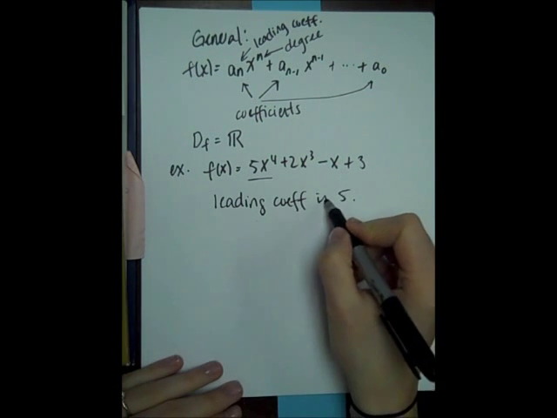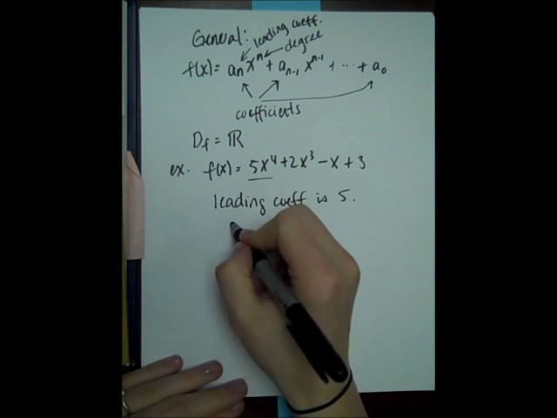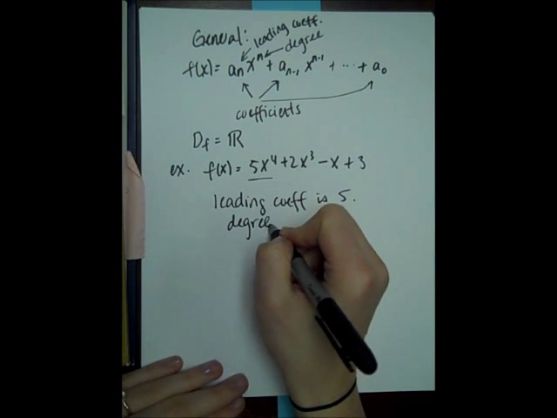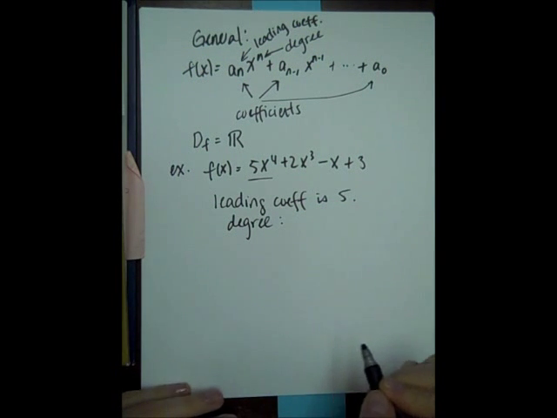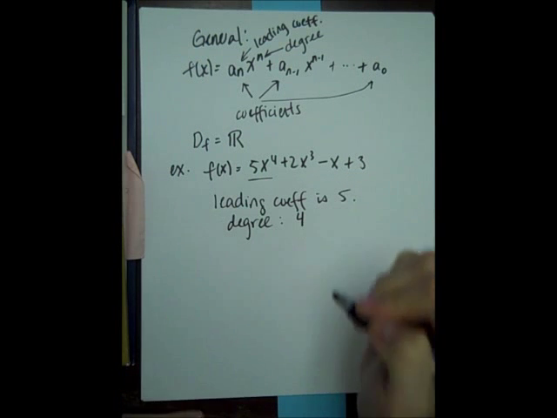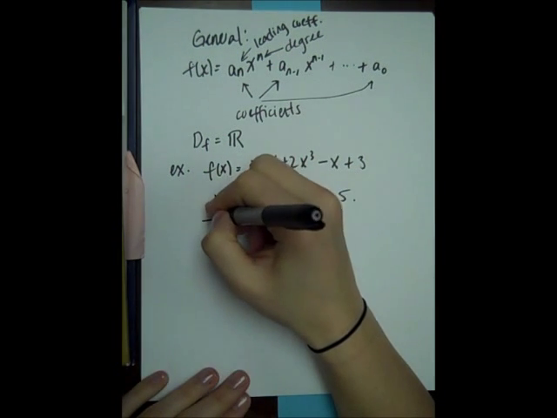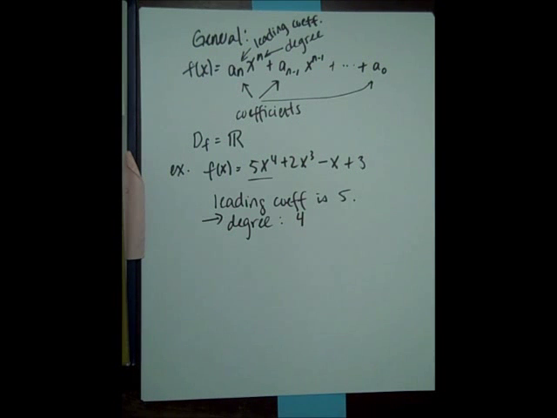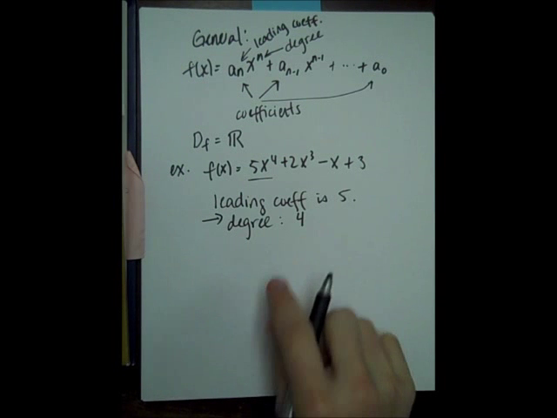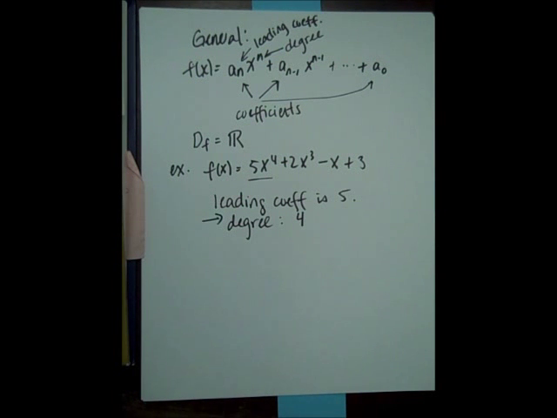It's the number that goes in front of my highest powered term. And then more importantly, what's the degree of this polynomial? The degree here is 4. 4 is the highest power, so the degree is 4. I'm more interested in knowing the degree rather than the leading coefficient. The degree of a polynomial tells you a lot. So the degree is always the highest power of any polynomial.